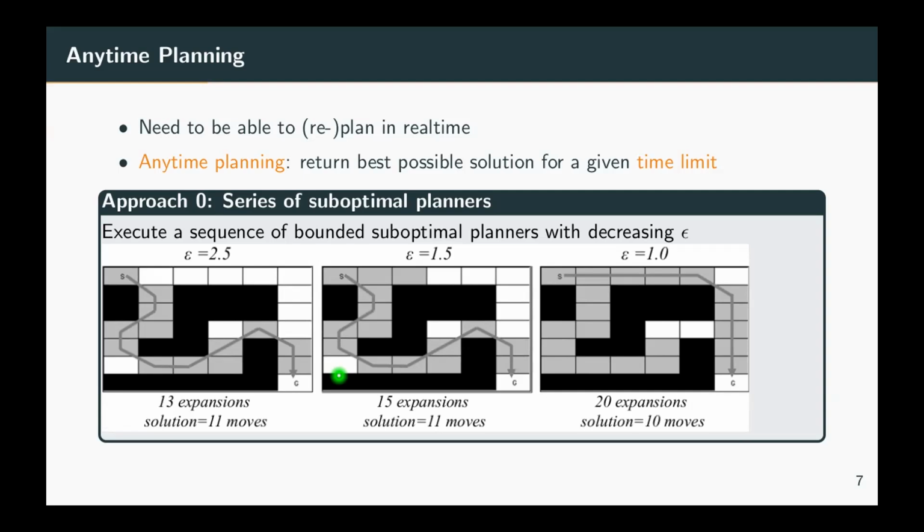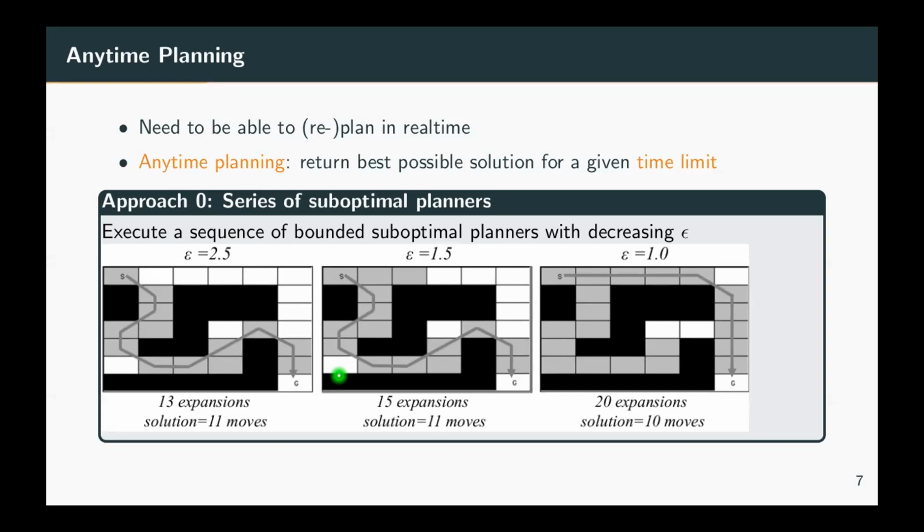And whenever we really need that solution, we just take whatever best solution we have found until the computational budget is exhausted. And the most basic approach of anytime planning is actually based on these bounded suboptimal planners.